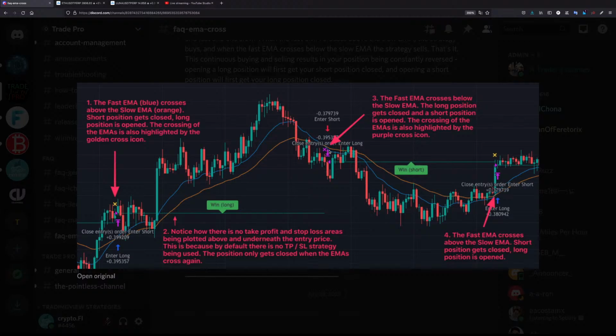Yeah, and actually for example here, when you have this pullback, if the blue line, the fast EMA, crosses the orange one, it will close here at a loss, of course. So that's why you don't need a stop loss. But there is a problem with this though.